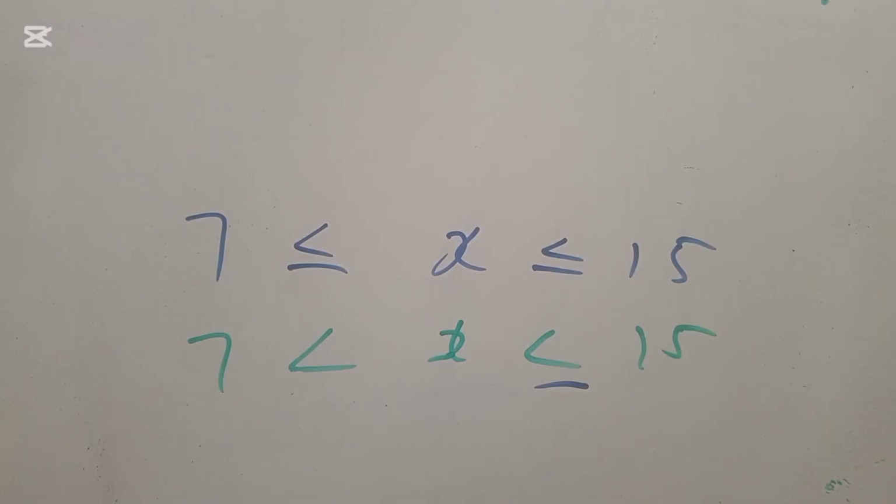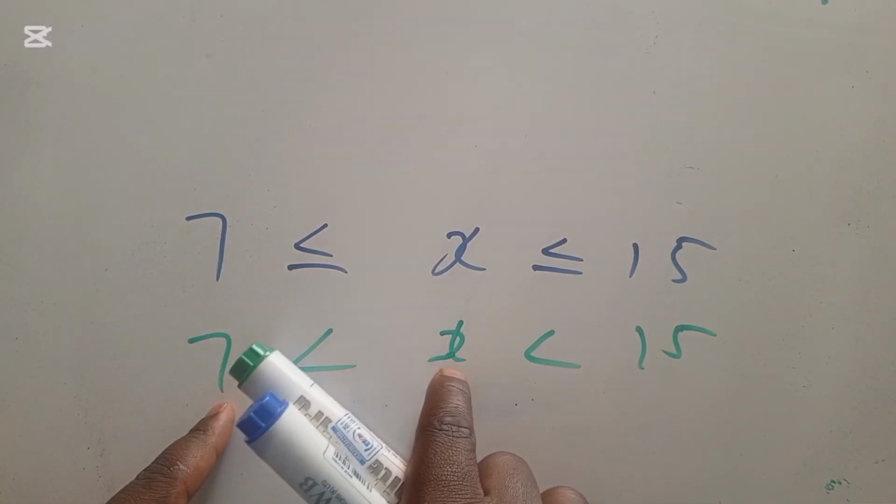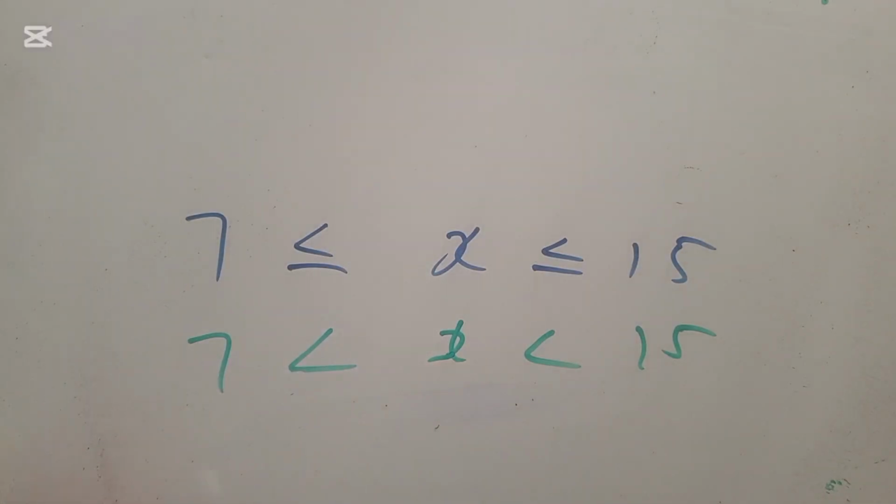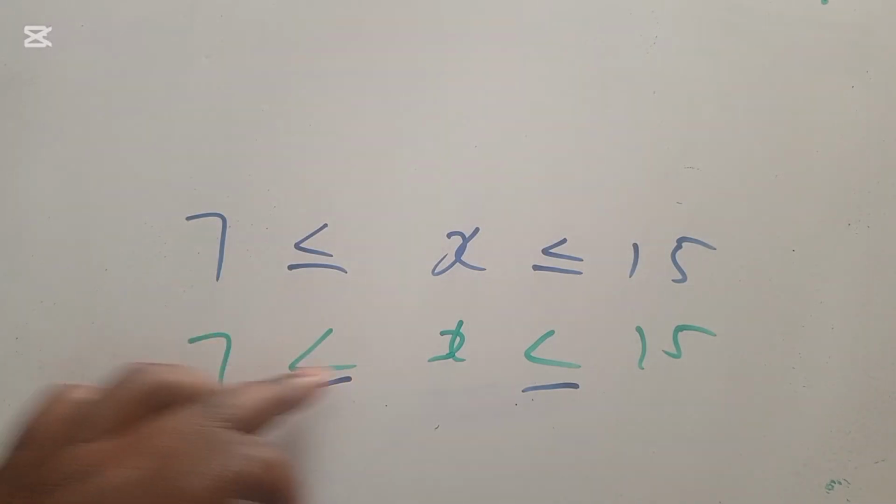So if you are confused, I'm not training you to guess, but if you are confused, the first thing you write is this: you have 7, x in the middle, and 15. Then you interrogate the question. You are told that x lies between 7 and 15. So 7 is less than x. So x is there. But remember inclusive, you put that sign, and also on this other end. So on all the questions I have done in this video, you can review and you'll see that all of them have a less or equal sign.